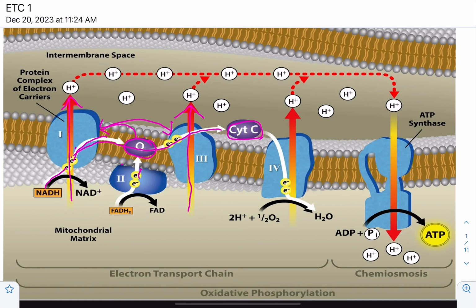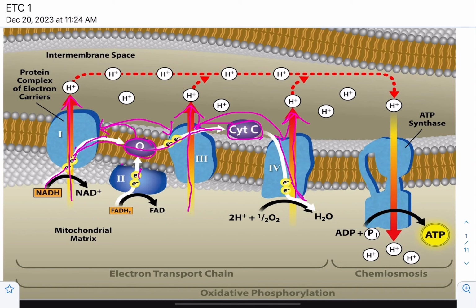And cytochrome C, energy carrier, that's what it does, it carries the energy. Electrons are energy. It also picks up the electrons and passes them to the next complex, complex 4, which energizes it as it passes through to pump more protons.